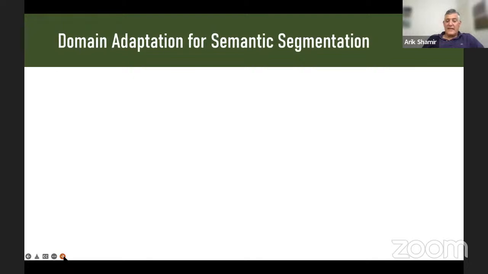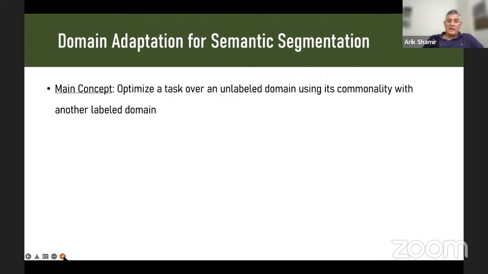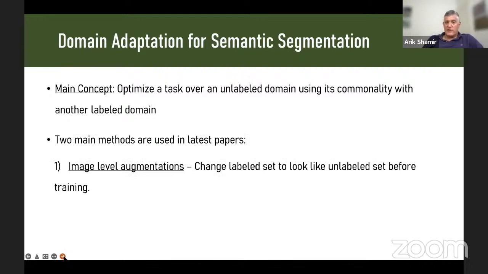The technique we used, because of the large domain gap, was domain adaptation. Previous work also used domain adaptation, mainly with two techniques. One is image-level augmentation, where you take some labeled data, for example segmentation data of photographs, and change it to look more like the specific domain you're looking at.